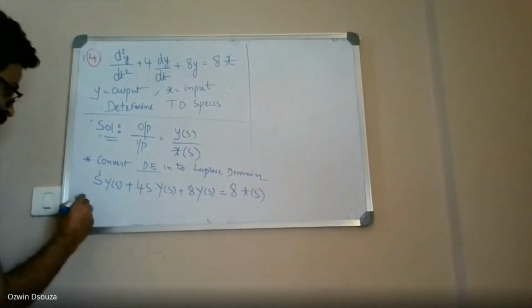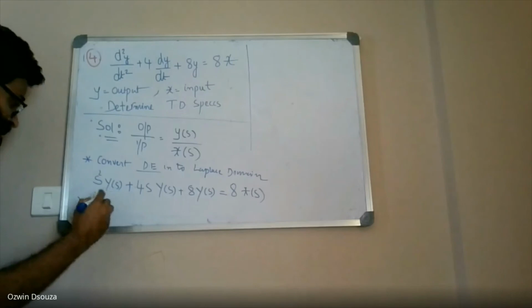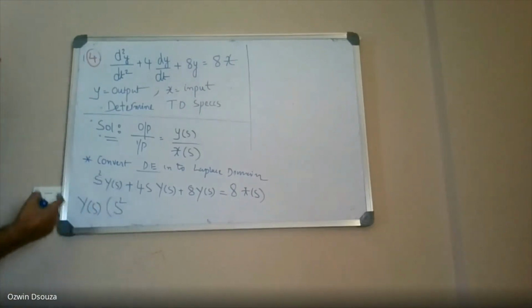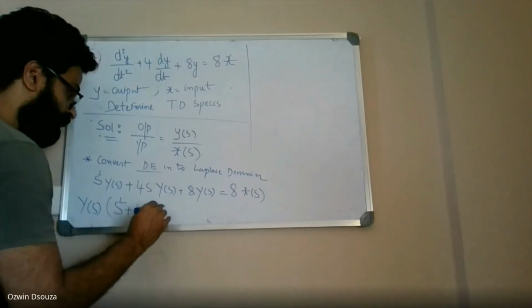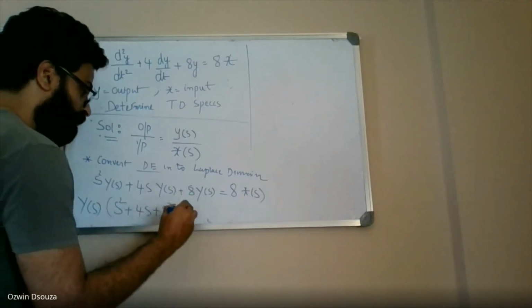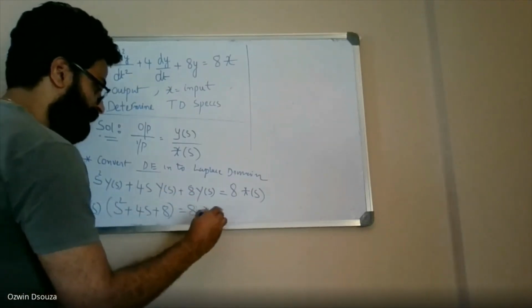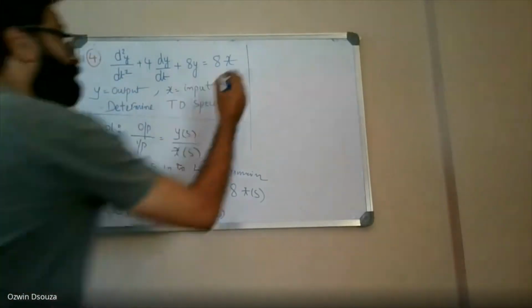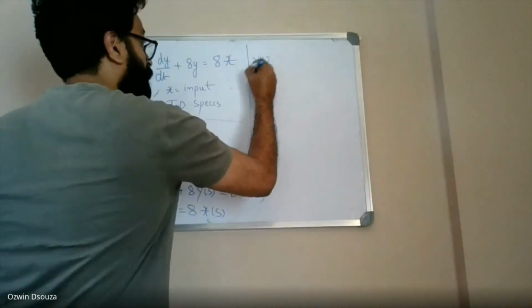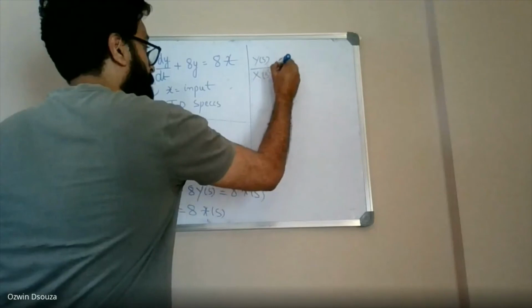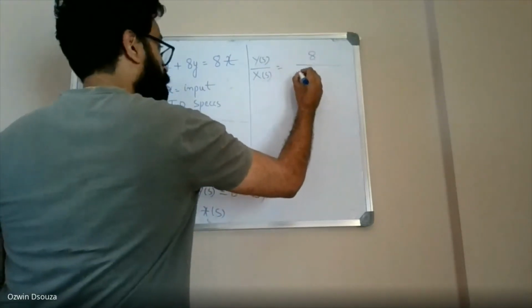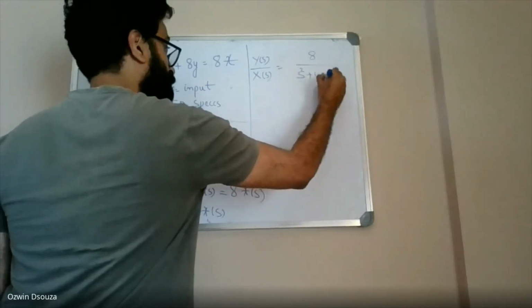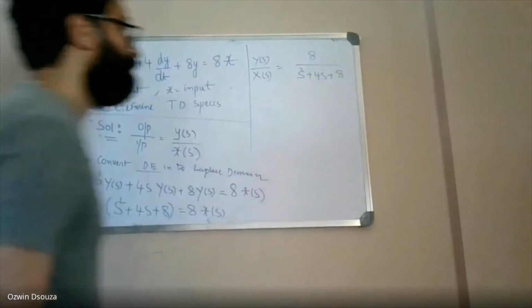Take y of s as common, so you get s square plus 4s plus 8 is equal to 8 into x of s. Then take the ratio y of s by x of s. You will get 8 divided by s square plus 4s plus 8, right?